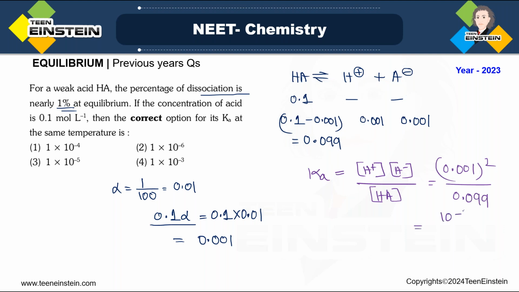It is 10 to the power minus 6 on the upper side, and 0.099 below. If you take the inverse of it, you will get something like this. It is matching with this option. So option 3 is the correct option.